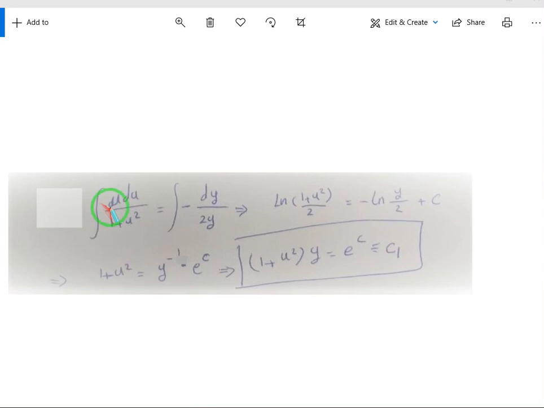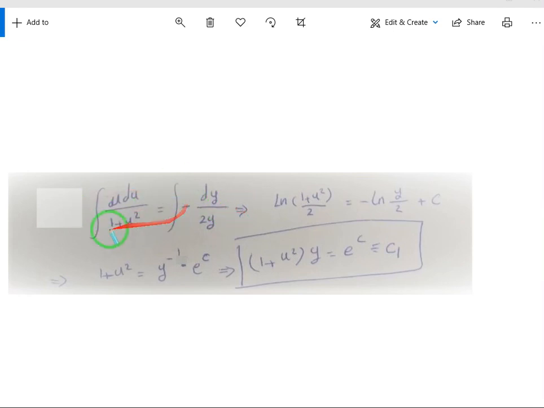We can show that the integral with respect to u of u du over 1 plus u squared is equal to the integral with respect to y of 1 over 2y dy.